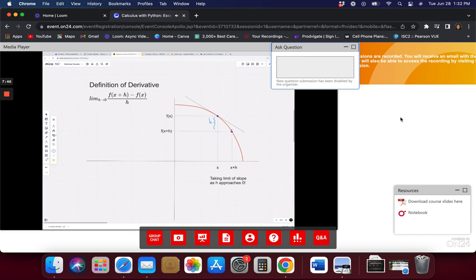As we move this point closer and closer, the original line links these two points, so it's not quite the tangent line. If we add a point here, it gets slightly closer. Drawing straight lines is hard here. And if we have two points right here, that looks a lot more like the slope of the tangent line. So as we decrease the value of h, we have a better approximation of the slope of that line.